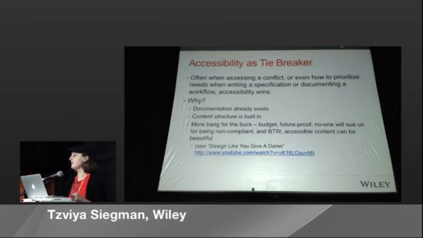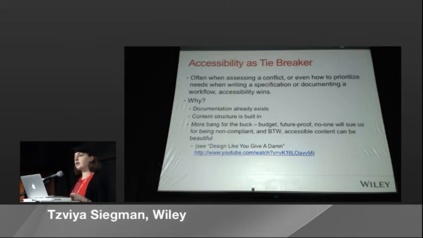Sometimes when we're working on these things, specifications, standards, anything formal or informal, you can tell I spend a lot of time writing these things, you can use accessibility as a tiebreaker. So what do I mean by that? Sometimes when conflicts arise, the priorities are really difficult to negotiate. But accessibility can be used as, I have accessibility in my back pocket, so we'll just use this because it's accessible.